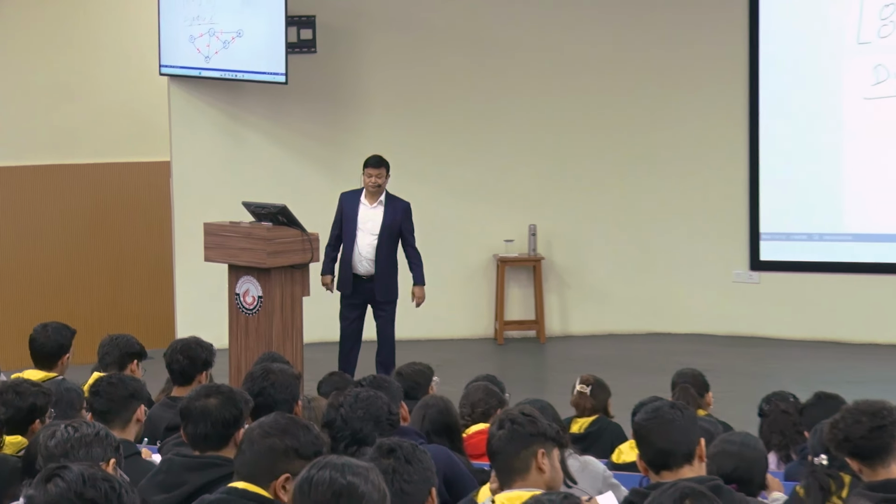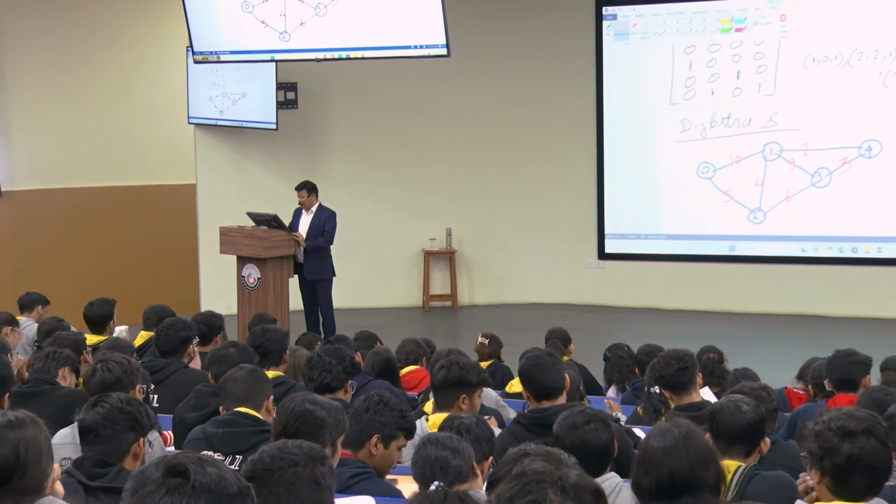Okay, 0, 1, 2, 3, 4, these type of things. So with correction, this becomes 0, this becomes 1, this becomes 2, this becomes 3, and this becomes 4. And our source node is this.